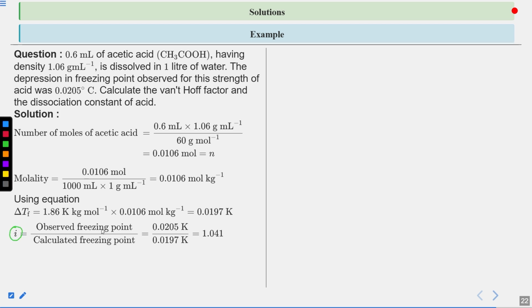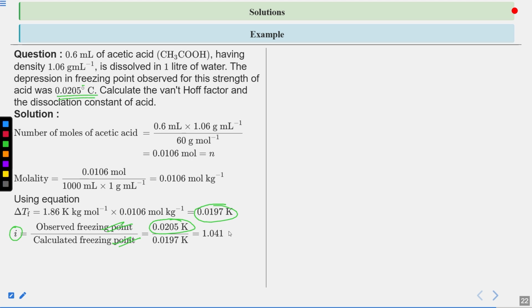Now what will be the value of i? It will be observed freezing point depression divided by calculated freezing point depression. So this is the calculated one and this is the observed one, 0.0205. We have taken 0.0205 because the depression was given as 0.0205.